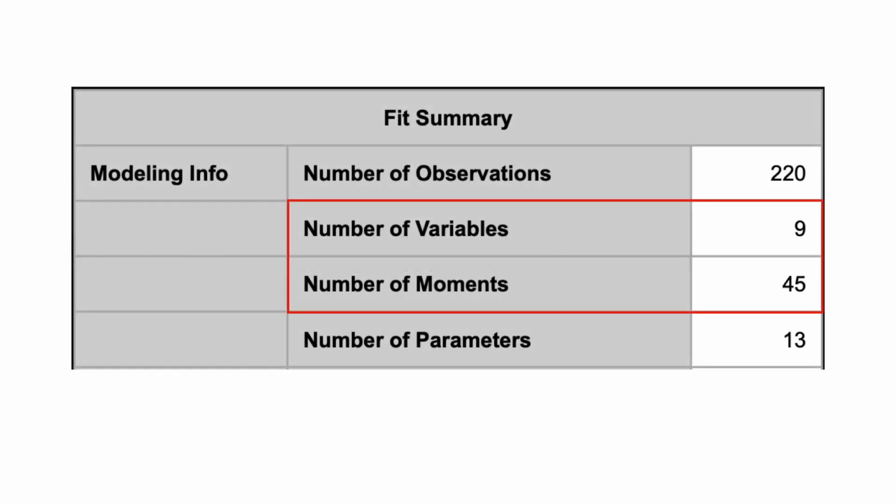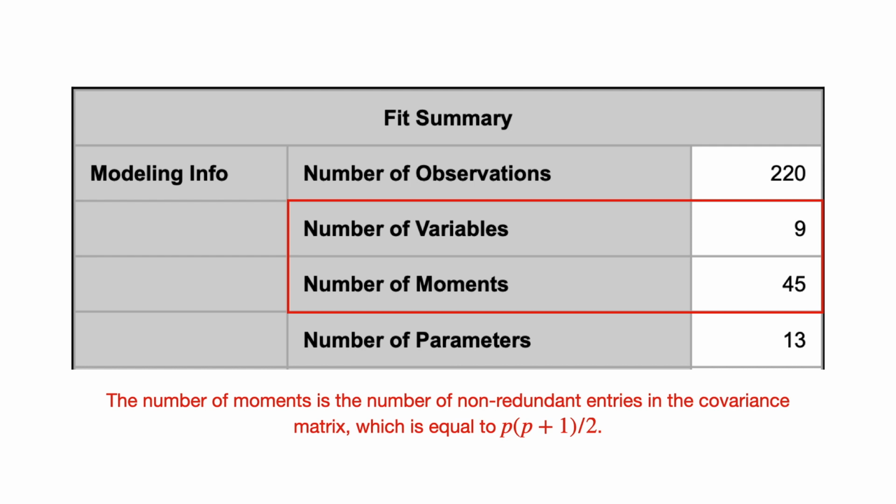Now let's verify that we made the specification of the model to SAS correctly, and we'll do this by looking at the output produced by the model. And so we see here that we do have 9 manifest variables in the model, and corresponding to that, we have 45 moments. Again, the number of moments is equal to the number of non-redundant entries in the covariance matrix. That's given by p times p plus 1 over 2, or in this case 9 times 10, which is 90 over 2, or 45.